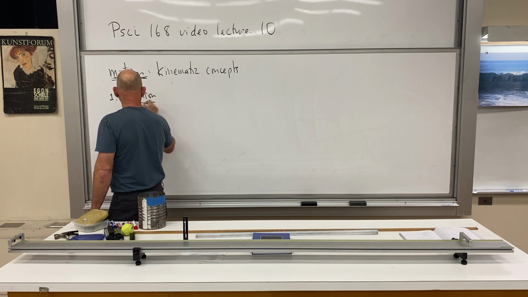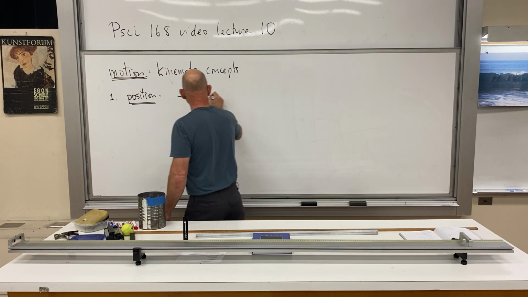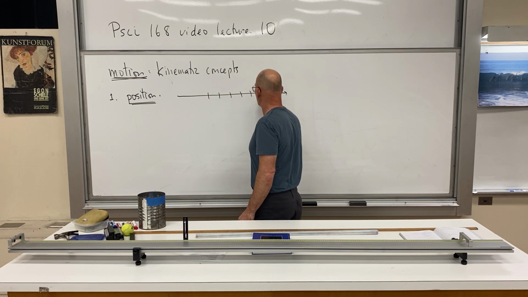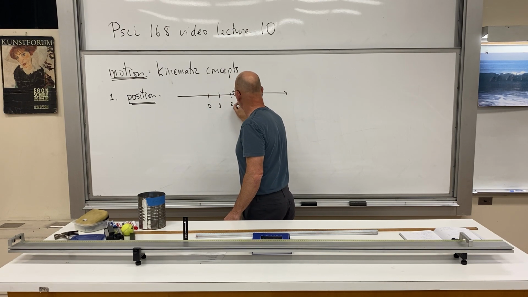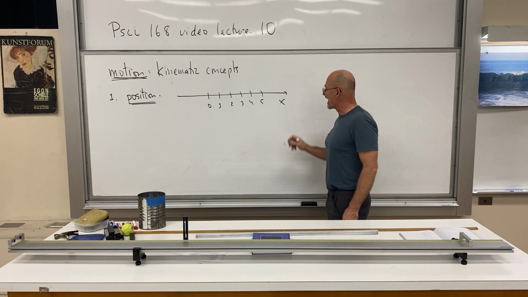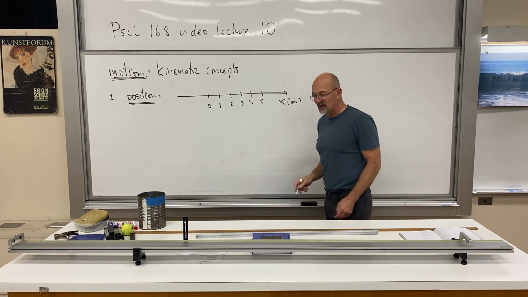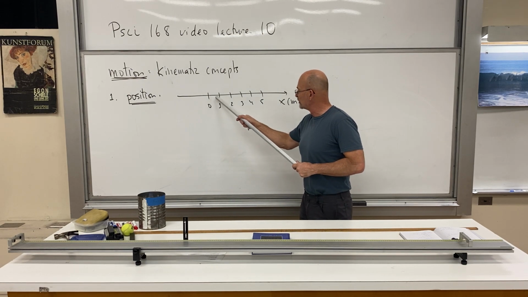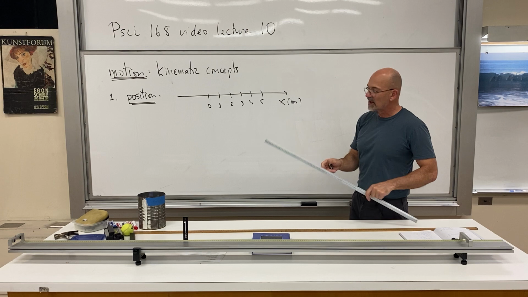and think of the position on a number line. 0, 1, 2, 3, 4, 5. I could say it's position X, and say I'm measuring meters. Okay. So here's a meter stick, and I'm representing 1, 2, 3, 4, 5 meters on my number line here.